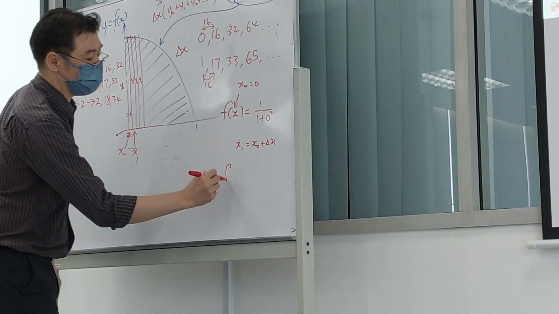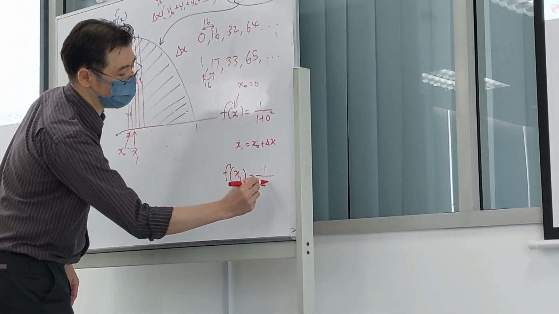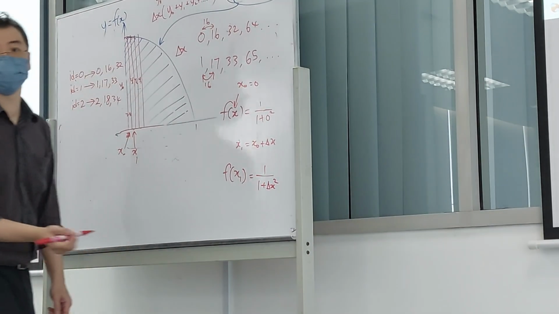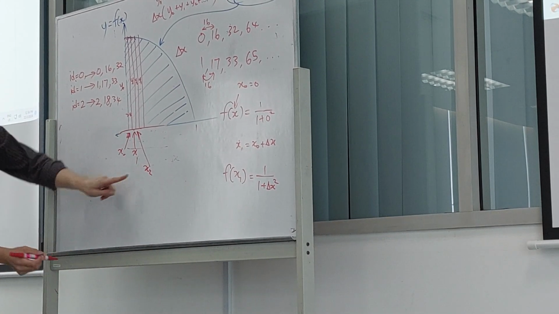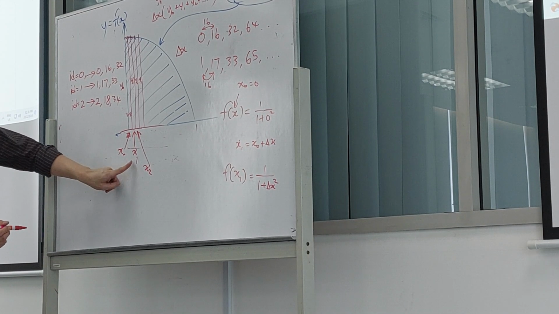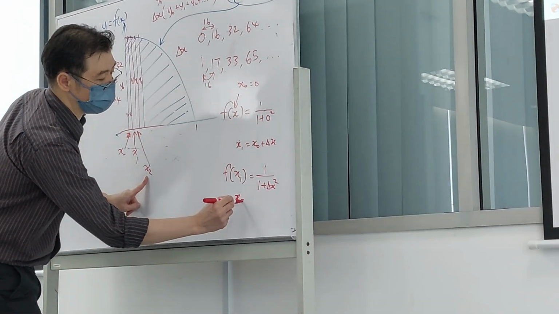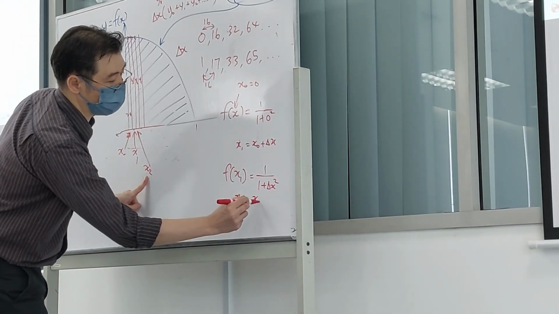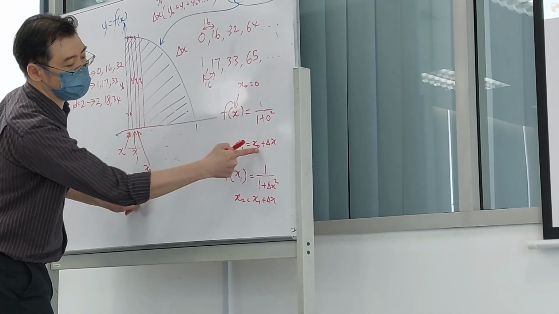And then I compute again x1, then I get 1 plus delta x squared, isn't it? How about x2? x2 is basically x1 plus delta x, isn't it? x2 is actually x1 plus delta x, but x1 is already this number.